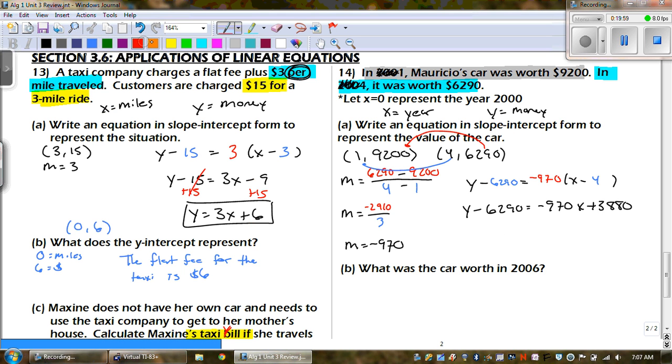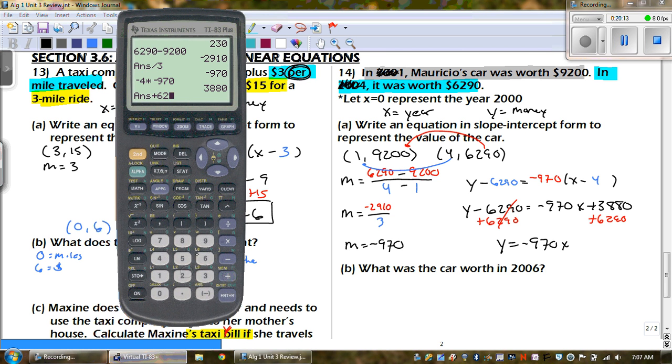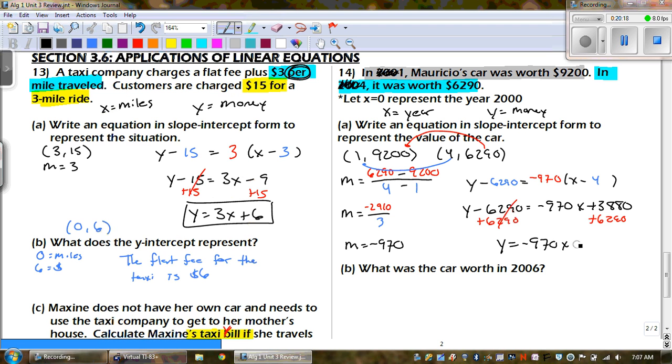Okay, and then to get y by itself, we have to add that 6,290, and we get y equals negative 970x plus 10,170. Woo! A lot of work and some big numbers.